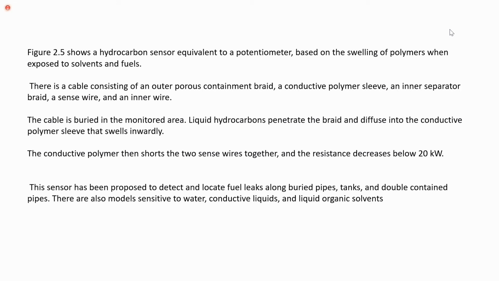This sensor has been proposed to detect and locate fuel leaks along buried pipes, tanks, and double contained pipes. There are also models sensitive to water, conductive liquids, and liquid organic solvents.